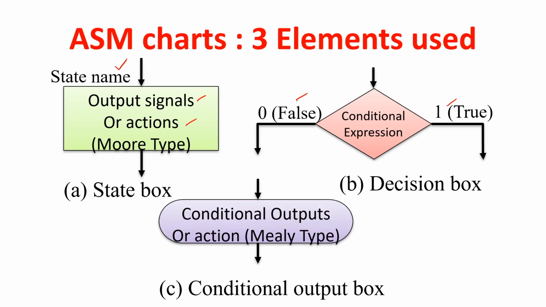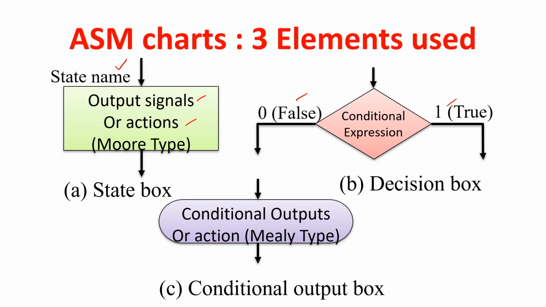And there is another most interesting kind of box we use in ASM modeling, the conditional box or conditional output box. This is a conditional output or actions based on some conditions. Just after the conditional decision box we can put a conditional box.